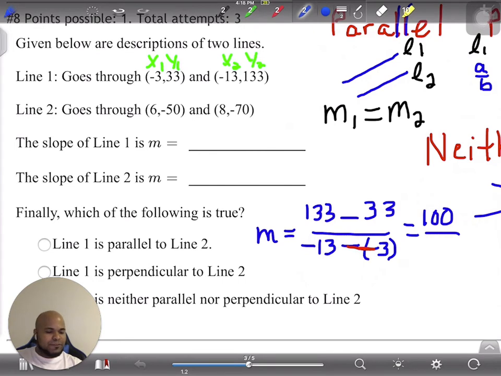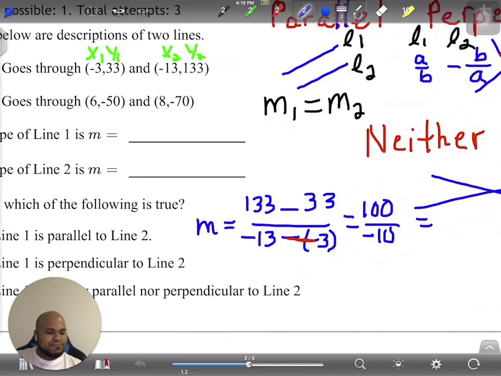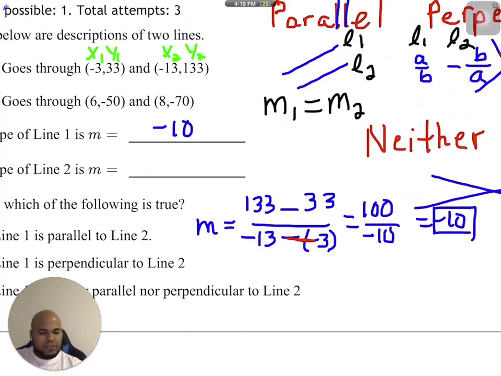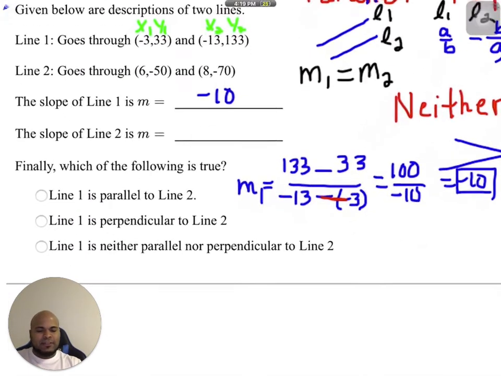So that is definitely going to be negative 10. And 100 divided by negative 10 is just negative 10. So the slope for the first line is negative 10. I'm going to call it m1, because that's the slope for the first line.